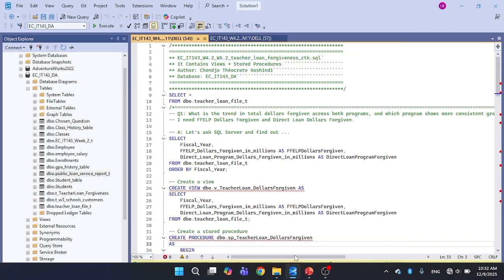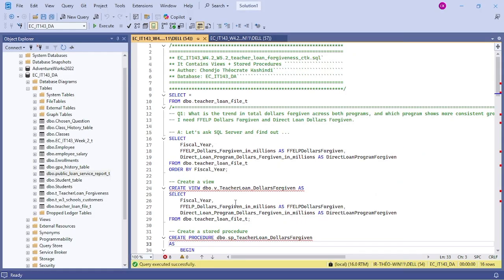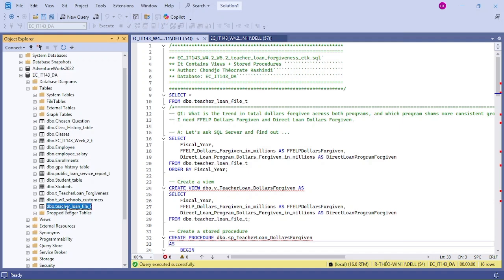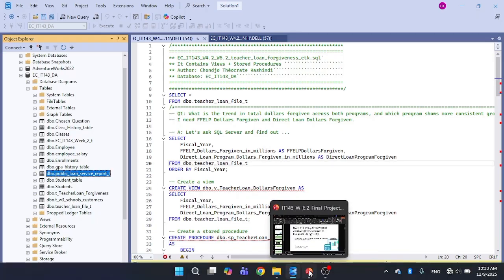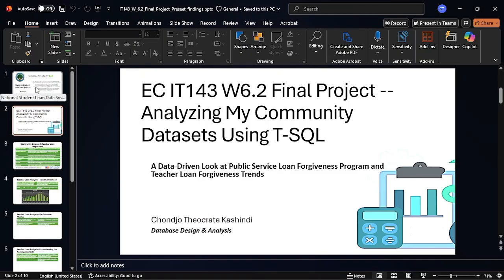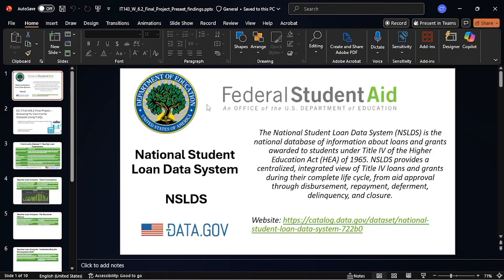Previously, I presented my two communities that make up my two datasets, which I imported into my ECIT 143 DA database: teacher loan and public loan services. You will quickly understand that both communities originate from the Federal Student Aid's data center named the National Student Loan Data System.